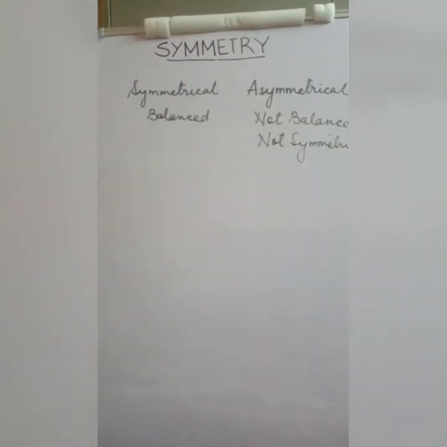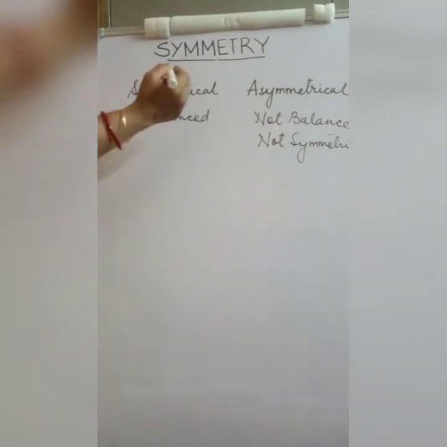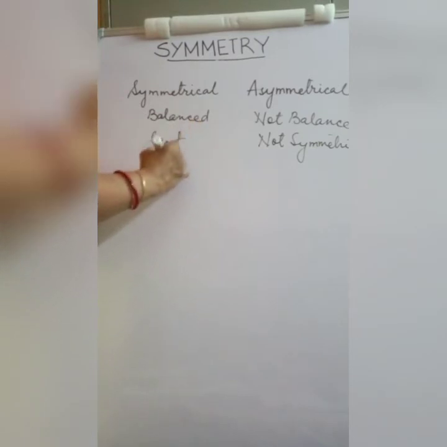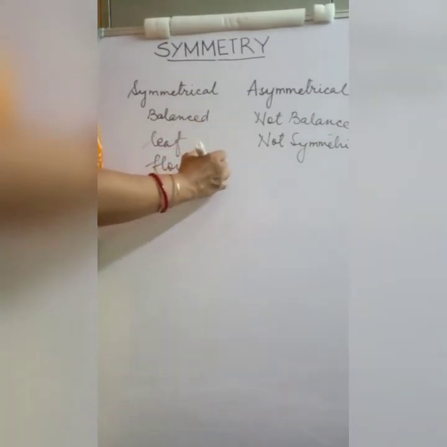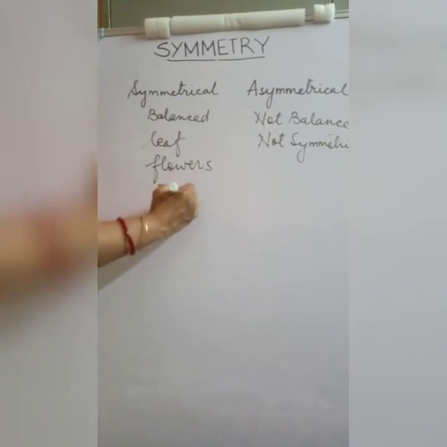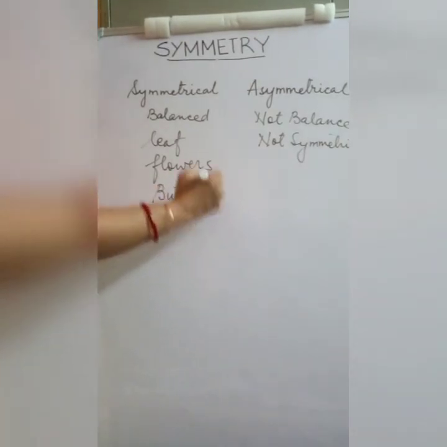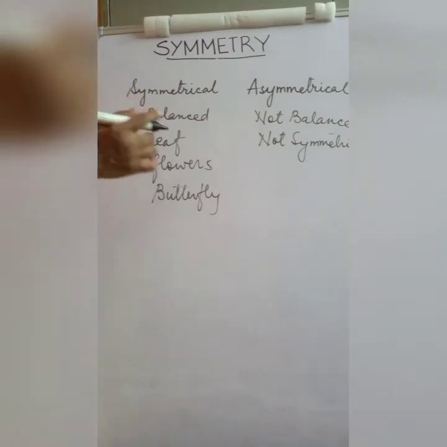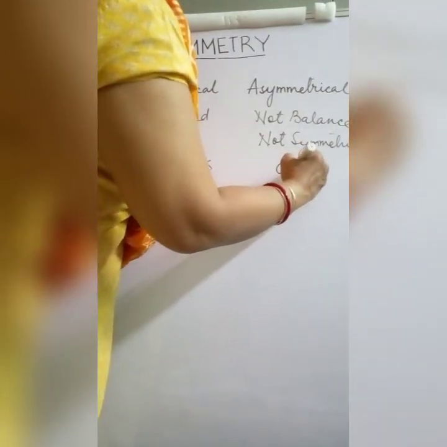Children, let's talk about some symmetrical and some asymmetrical objects. From nature, if we want to find symmetrical objects, we can find leaf, flowers, butterfly. And children, when we ask for symmetrical objects, many of you write the example of cloud. But cloud, we cannot say it is symmetrical because cloud may be in different shapes.